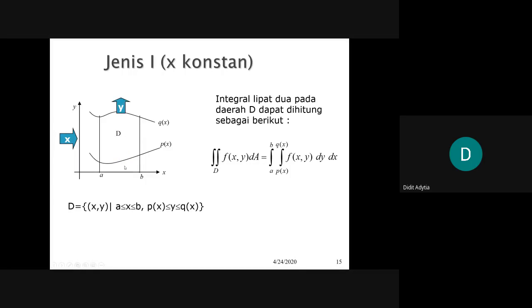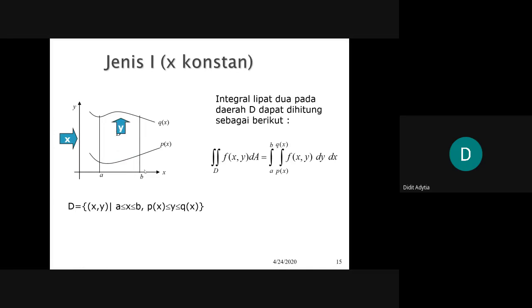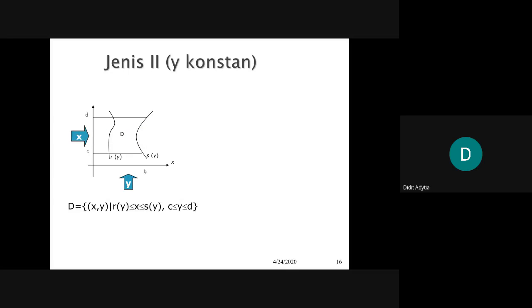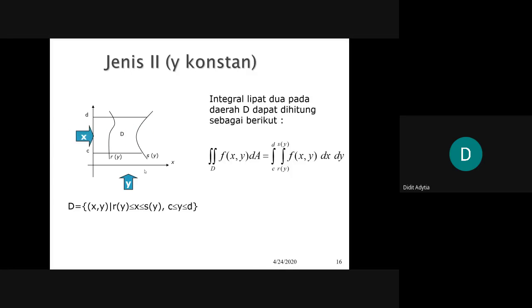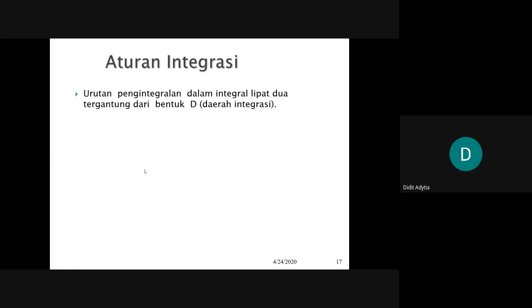This is type 1, and then the x direction. And then for the second type, we calculate in the x direction first, and then the y direction. Okay, this is exactly the same.